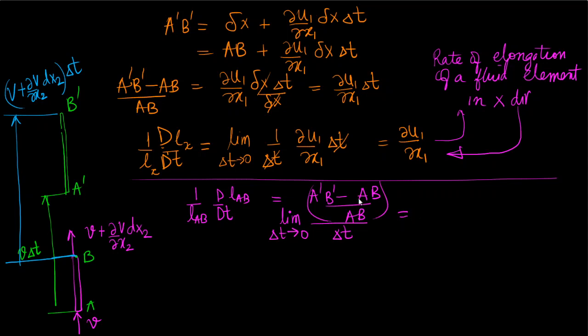And once again A'B' minus AB we can find out using this as the origin, and ultimately if you do the entire mathematics it will come out to be del v del x2, or more generally in index form it will be del u2 del x2.